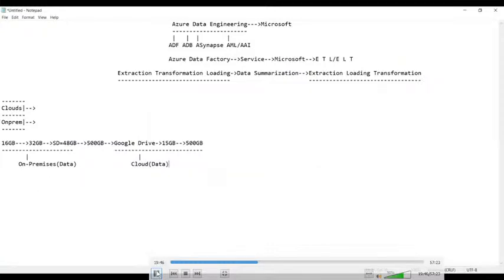Now, nowadays, almost every one of us, are we storing the data in an SD card? No, we are not. Most of us are not. We have moved from physical data to cloud data.